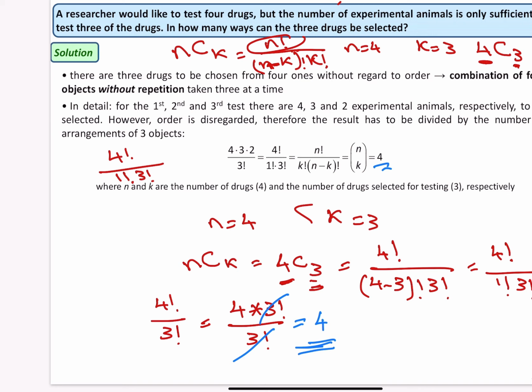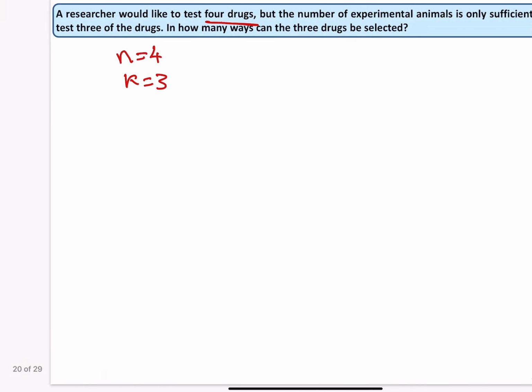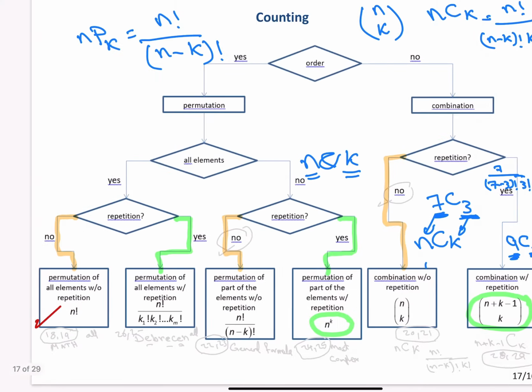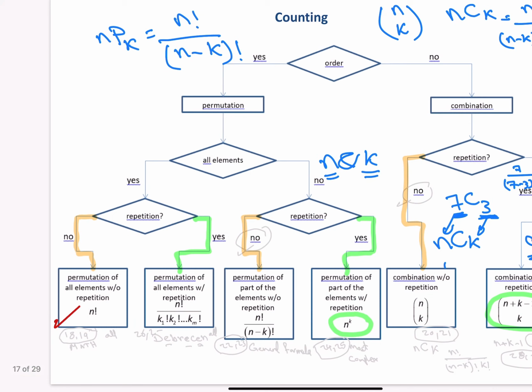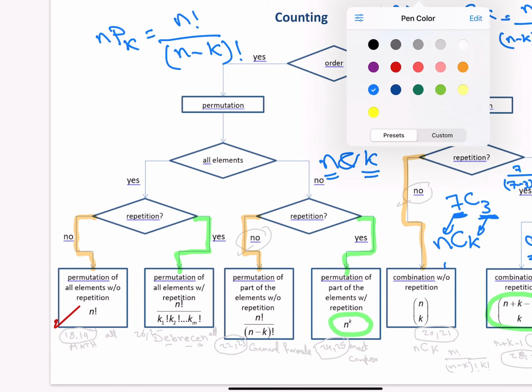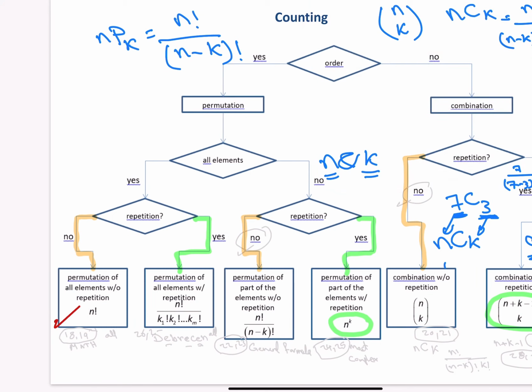This is the second one. We are done with this one, and also we are done with this. We said that if we are using all the elements and there's no repetition, it is the easiest one.